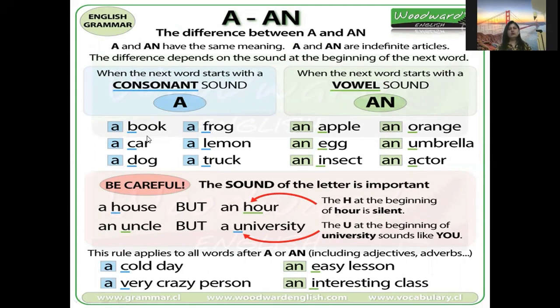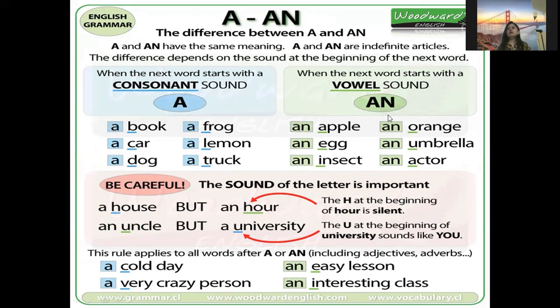See these words: book, car, dog. All these words have a consonant sound in the beginning. Book starts with b, car has k, dog starts with d. So these b, k, d are consonant sounds. For these nouns, we will use the article a: a book, a car, a dog, etc.